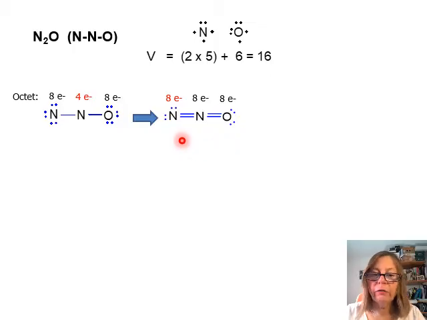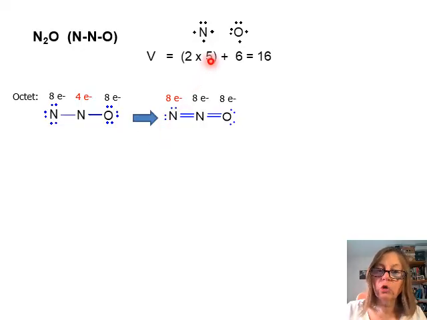Now let's look at the formal charges. The formal charge, remember, is based on the electrons that the element owns. So the nitrogen here owns the 4 electrons in the lone pairs and 1 electron per covalent bond, so 1, 2. Altogether it has 6 electrons.